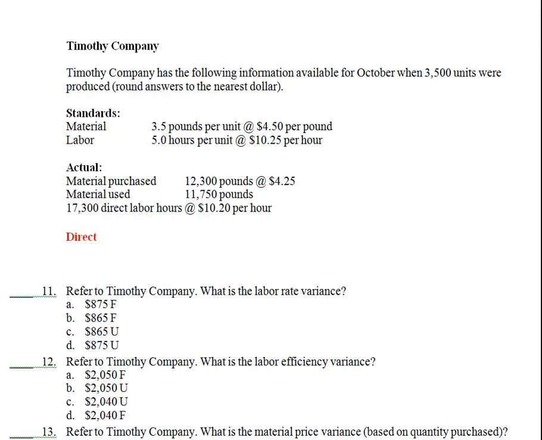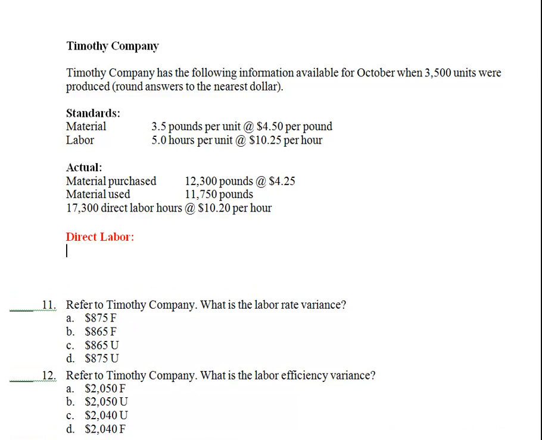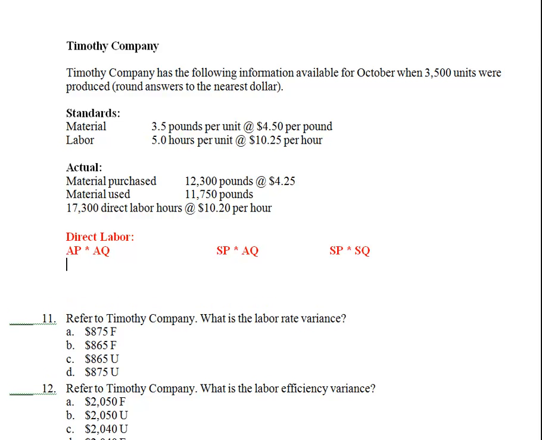So we'll just start working with direct labor. 3 columns, actual price times actual quantity. Standard price times actual quantity, and then standard price times standard quantity. We're looking at the labor this time first, so we just want to see what it tells us about labor.